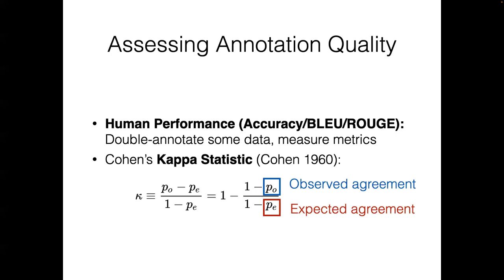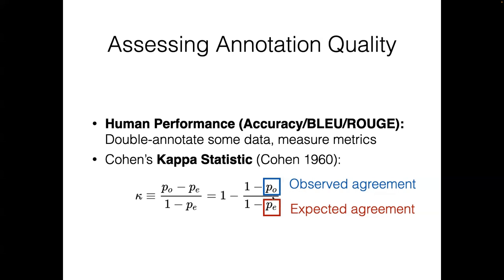Suppose you have two annotators and they annotate something. Then you want to consider the agreement between them. I'll show exactly what these mean on the next slide through an example.